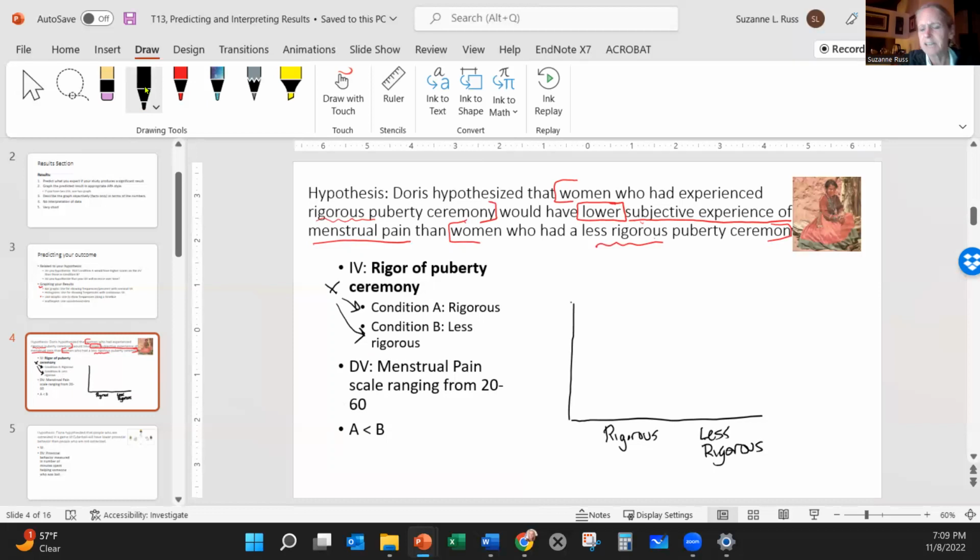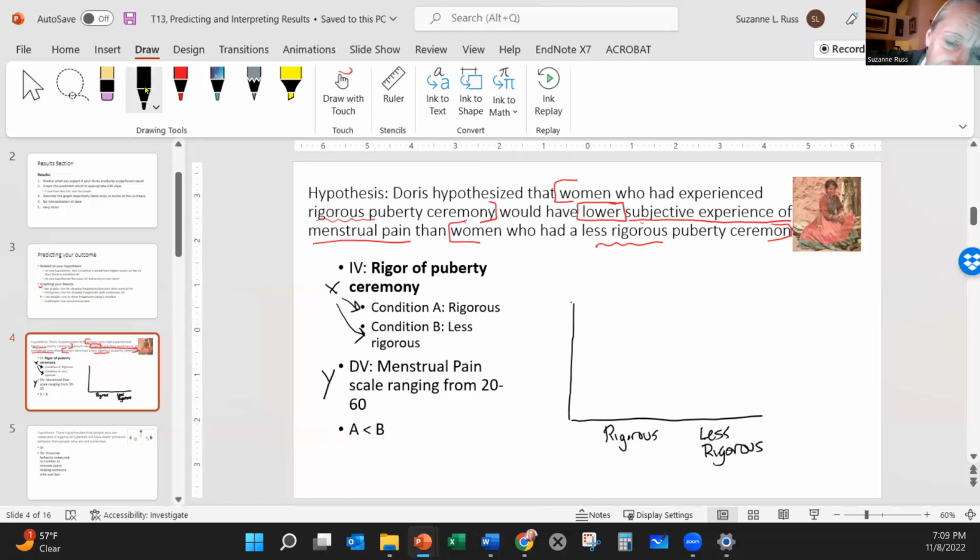Notice we're not writing a lot of words here. We want our graph to be really simple. So we're going to keep as few words as possible and clarify it via notes or the title. We'll see now that our DV, menstrual pain, is going to be rated from 20 to 60.